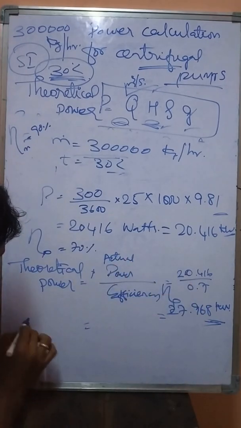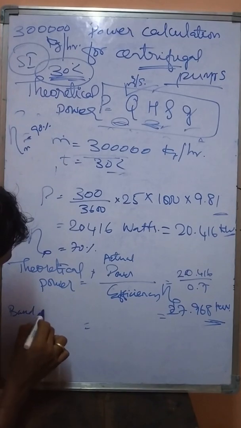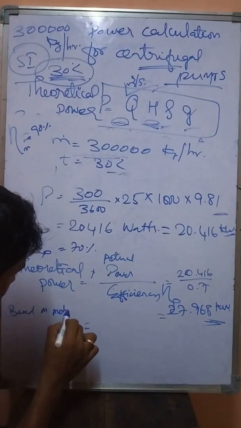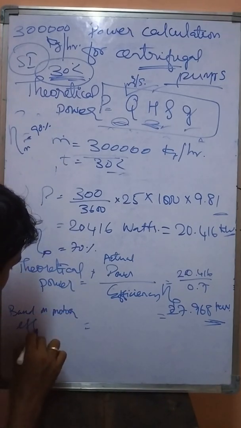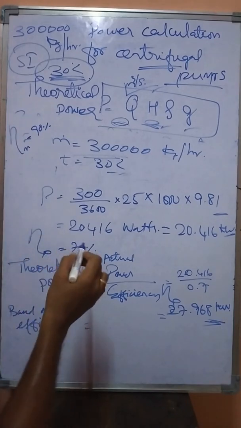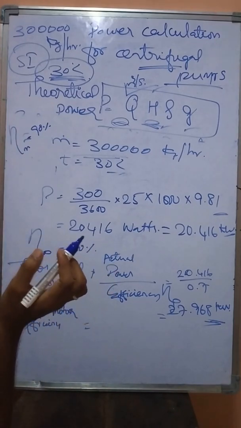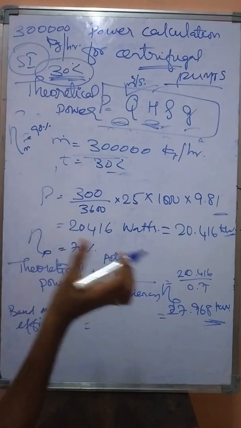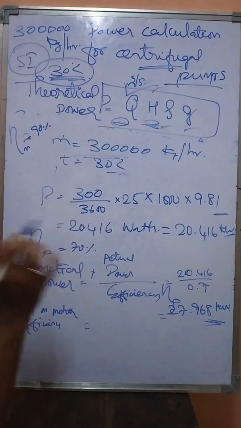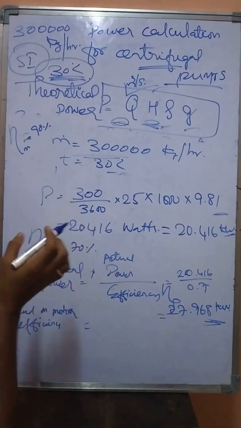So based on motor efficiency, because we are going to find out the appropriate motor which can be used for pumping this water, 300,000 kg water.